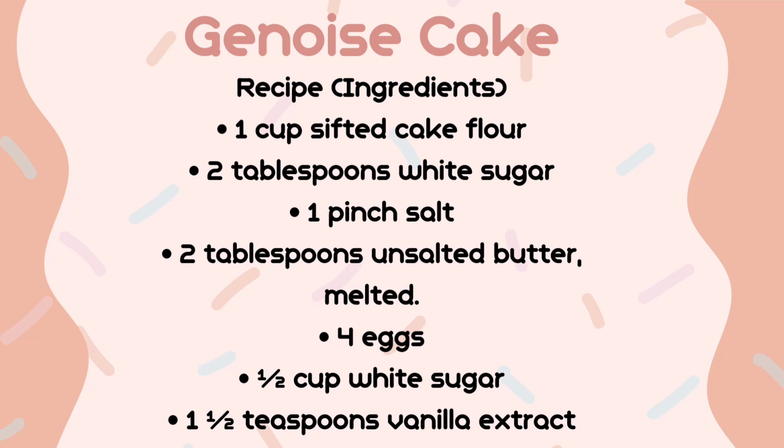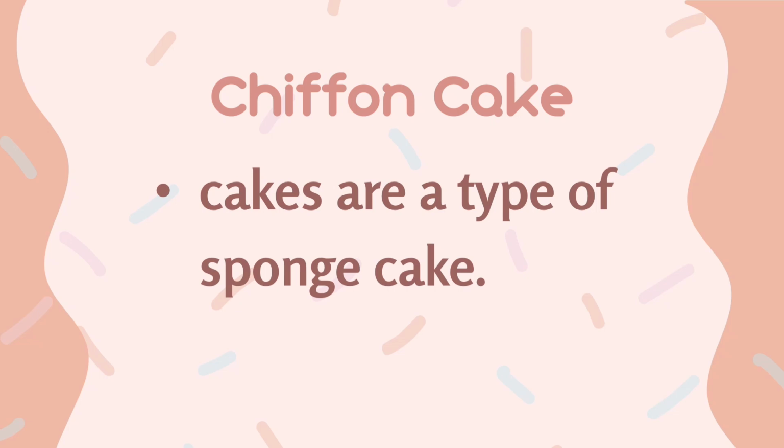And lastly is the chiffon cake. Chiffon cakes are a type of sponge cake. So, chiffon cake is a type of light and moist cake that combines characteristics of both sponge and butter cakes.